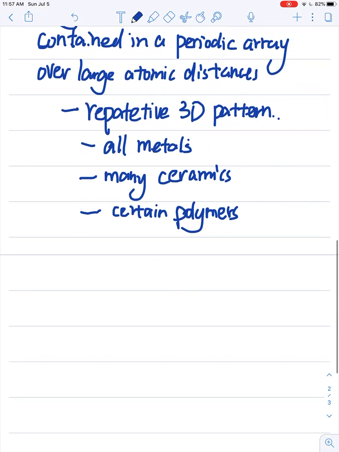Most of the polymers are actually amorphous. Amorphous means there's no crystalline structure. It's non-crystalline.